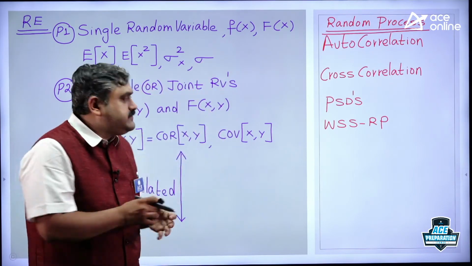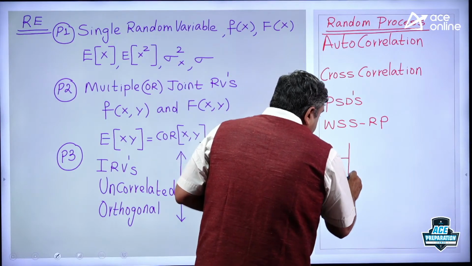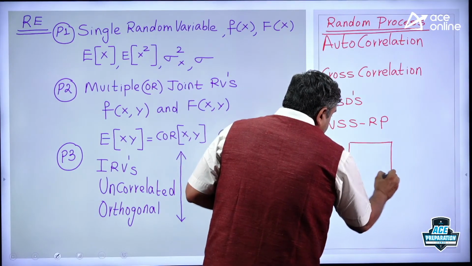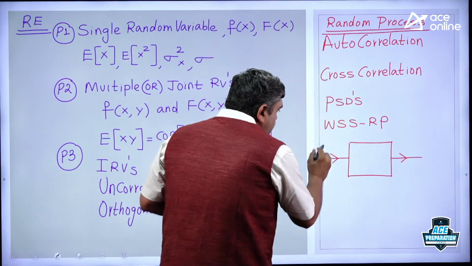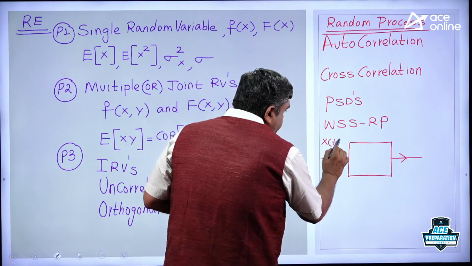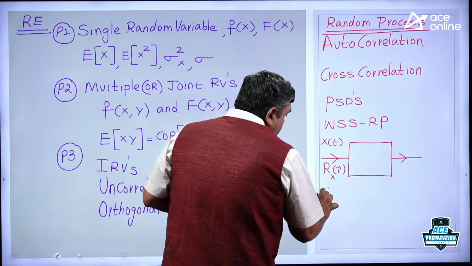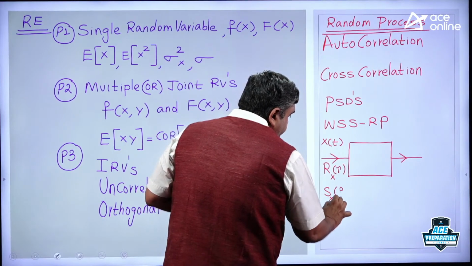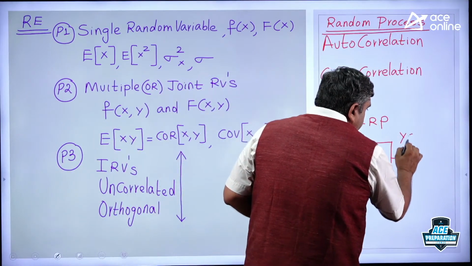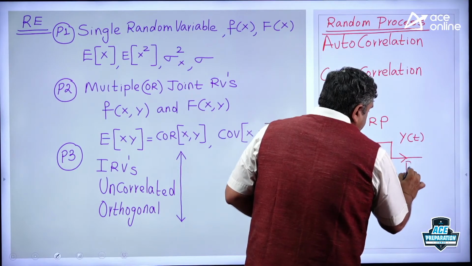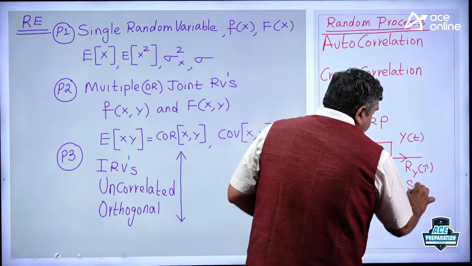Once you do this, you take a random process, give it to an LTI system, and observe the properties at the output. Here x of t is a random process, it will have autocorrelation function Rx of tau, and power spectral density Sx of f. The output will also be a random process with some autocorrelation function Ry of tau and power spectral density Sy of f.